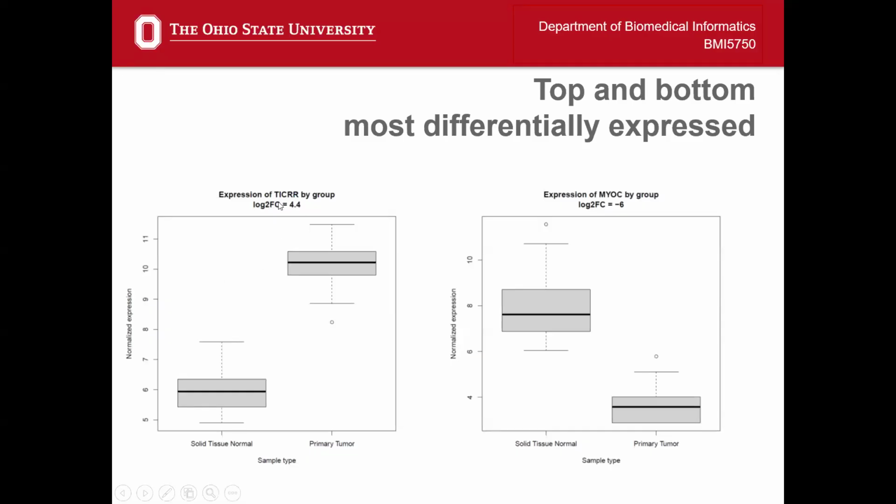So the first gene had a very positive fold change, and we see it's higher in our tumors, where a gene with a very negative fold change is expressing higher in my normals. And this is my check to make sure I factored those groups correctly.